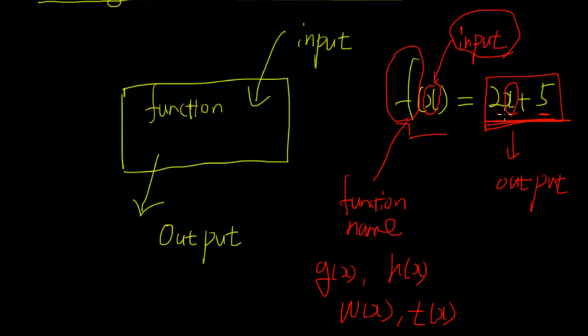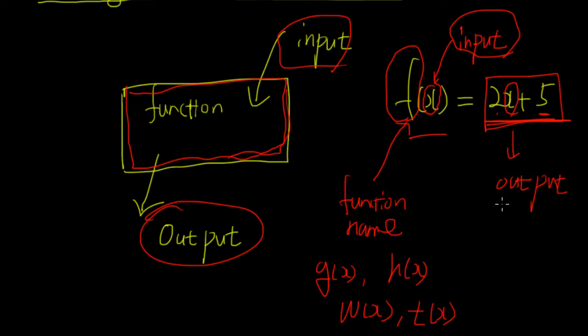So what's happening inside this box is that whatever goes in is multiplied by 2, and we also add 5 to that result. And that result is put out as the output value. That's why we call this side the output.